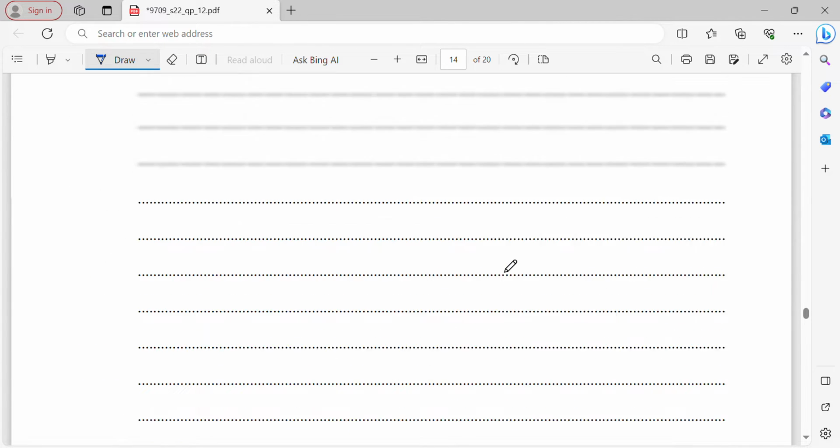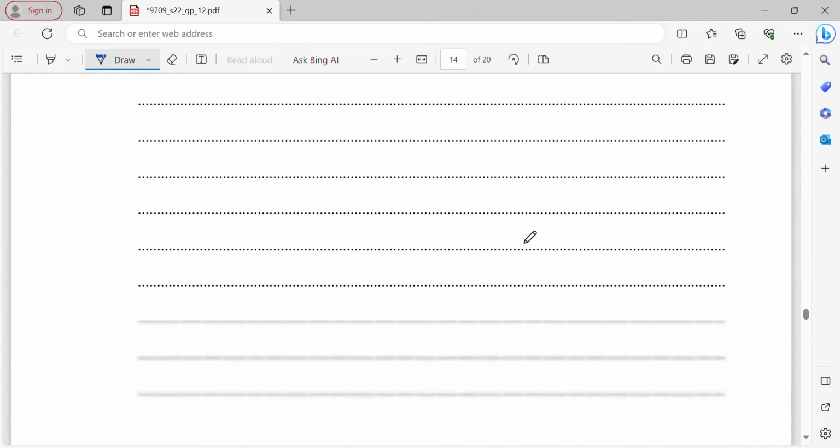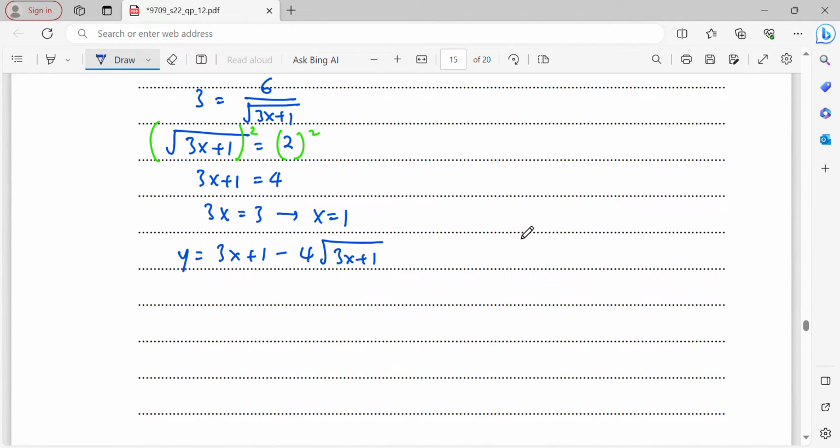Okay, let me check first before I proceed. Alright. So now replace the x by 1. So at x equals 1, the y is 3 times 1 plus 1 minus 4 square root of 3 times 1 plus 1. So 3 times 1 plus 1 is basically 4.